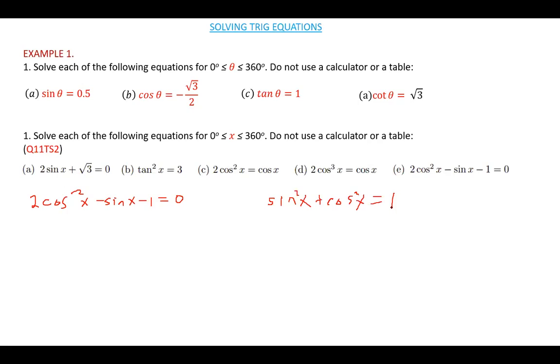So here, we have to change one of these into the other trig ratio. So I'm going to make cos squared x in this equation the subject. So cos squared x is going to be 1 minus sine squared x, you just take this side to be negative.